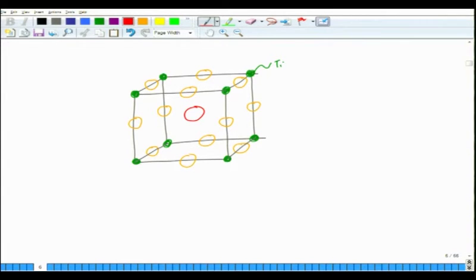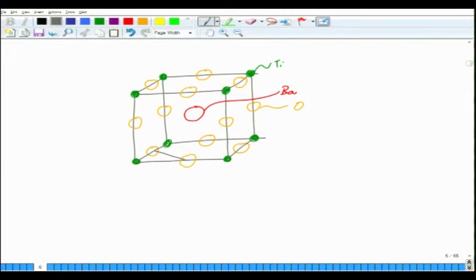Now you can see the 12 neighbors, 4 of these, 4 of those, 4 of those, to the barium atom. Is that clear? So this is barium, this is oxygen. This is the structure which is called perovskite structure.